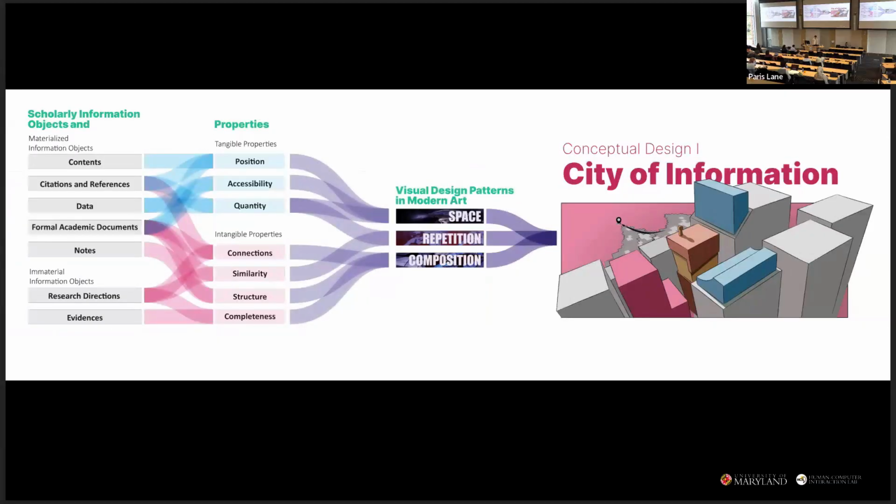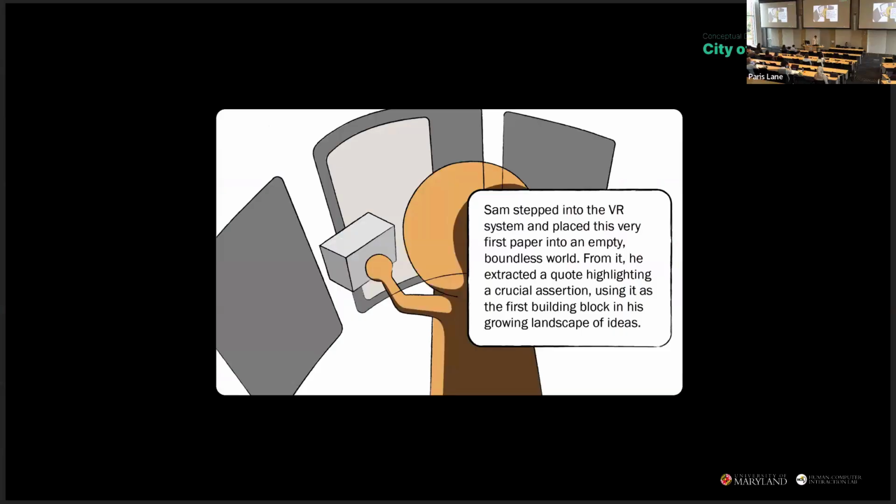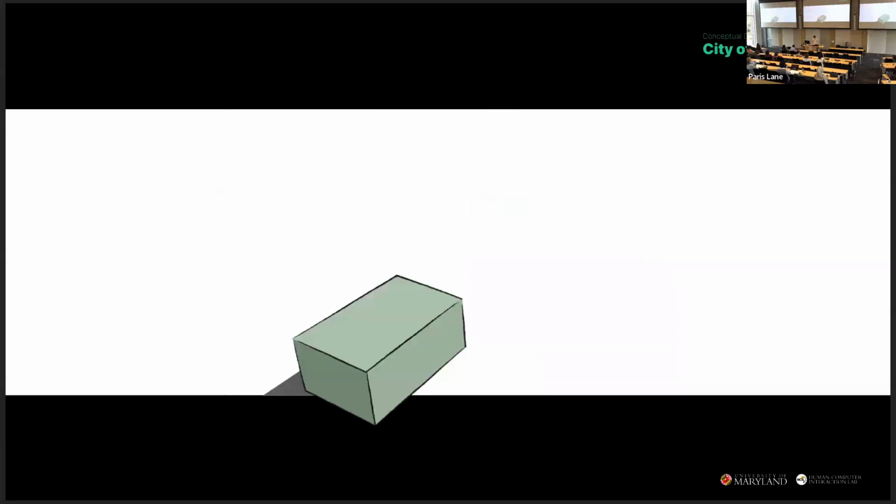Therefore, the City of Information is able to address the issue of overwhelming complex connections between immaterial information objects when solving a research question. For example, evidence and research directions. So, in this immersive design, Sensemaker extracts important concepts from literature and research notes to create building blocks.